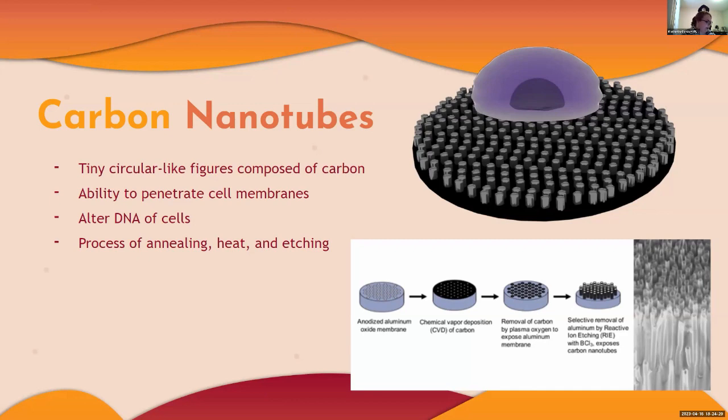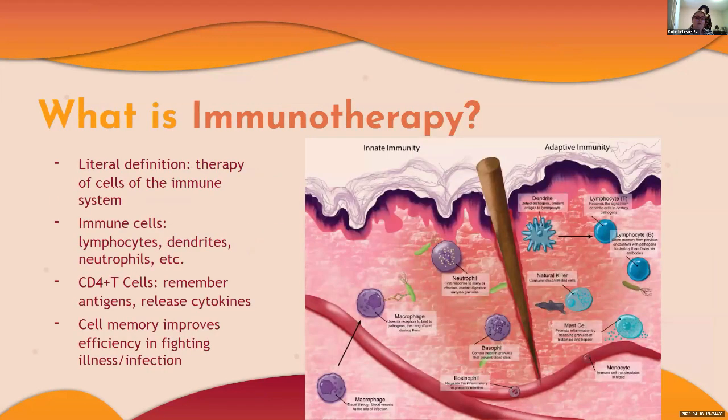And specifically, I'm going to be focusing on immunotherapy, which literally is defined as therapy that relates to the cells in the immune system. And that includes lymphocytes, dendrites, neutrophils, etc. There's many different types of cells involved in the immune system.